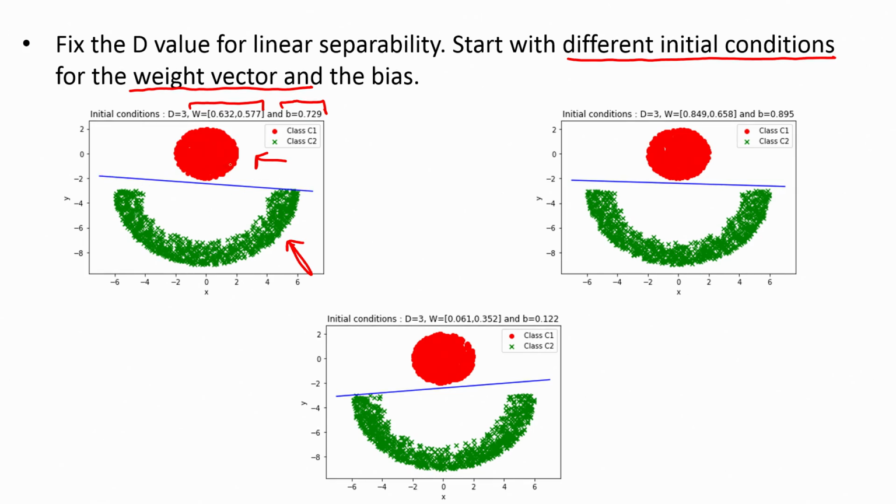In this case we have used a different combination of weight and bias, and we are again able to find a hyperplane. In the third case also we have used a different set of weight and bias and still we are able to find a hyperplane. This shows that the hyperplane obtained is not unique for a given set of data. You can try out different combinations of weights and bias and see for yourself what the equations of the hyperplane are that you will be obtaining.